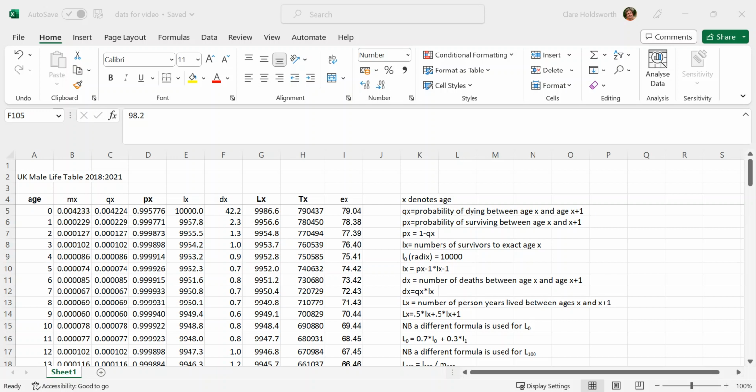So for those of you not familiar with an Excel spreadsheet, it's simply a grid with the columns denoted by letters and the rows denoted by number. And each cell in a spreadsheet has a particular code. So this is cell F2, it's in column F, row 2.